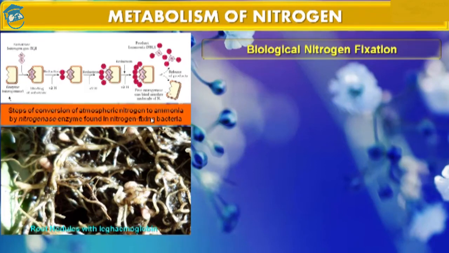Steps of the conversion of atmospheric nitrogen to ammonia by the nitrogenase enzyme, which is found in nitrogen fixing bacteria. See, this is the enzyme nitrogenase, and the substrate of this enzyme is nitrogen. So N2, that is atmospheric nitrogen, gets fit into this substrate, that is your enzyme, and then it gets reduced.